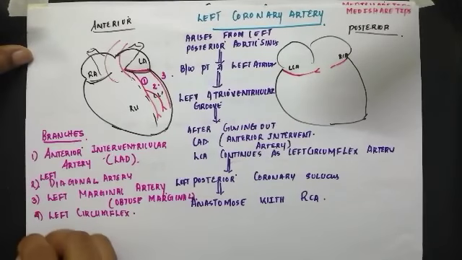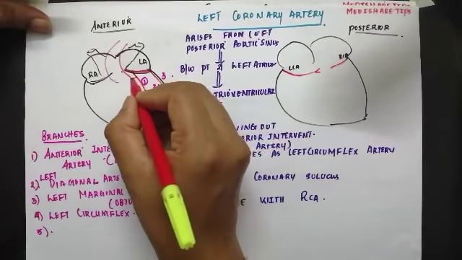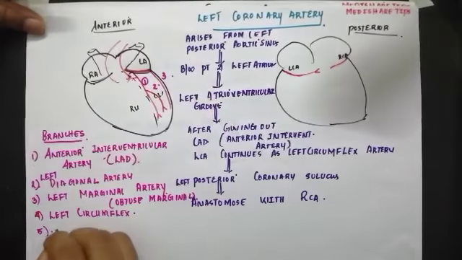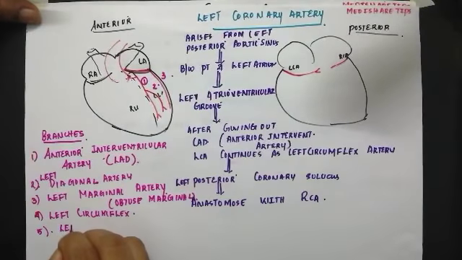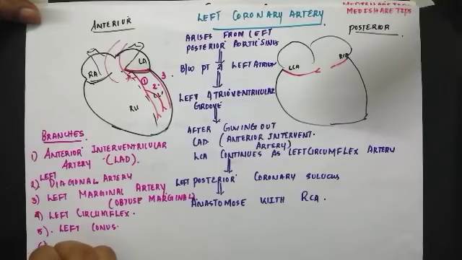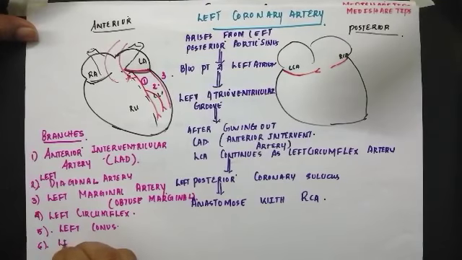And fifth one, there are small branches, like a branch to the left conus, that is 5, the left conus artery. And sixth one, there is a branch to the left atrium, the atrial branch.